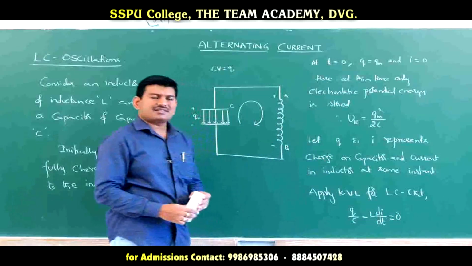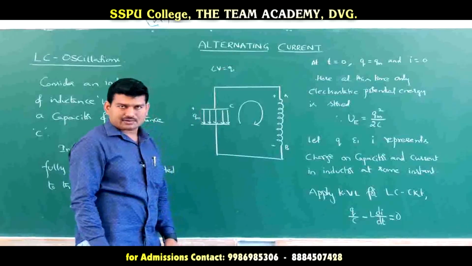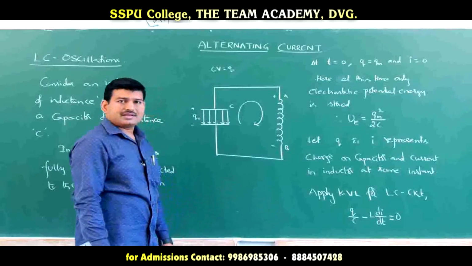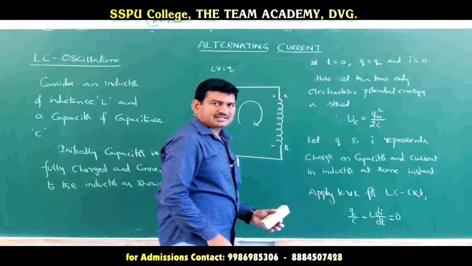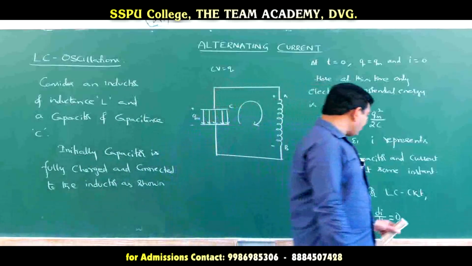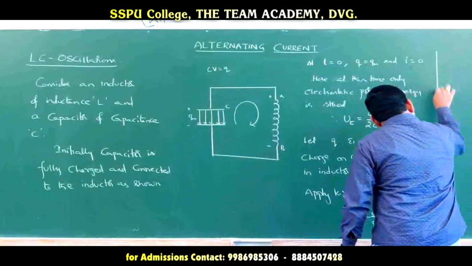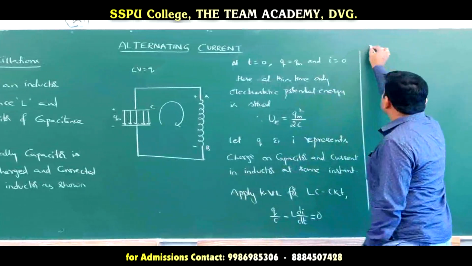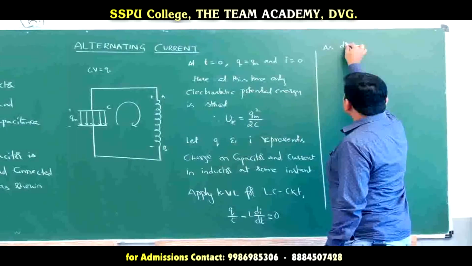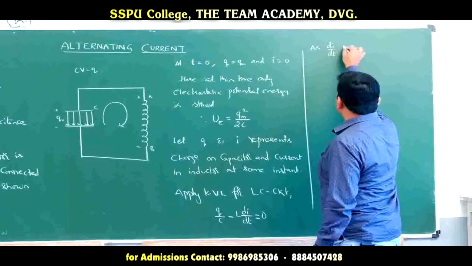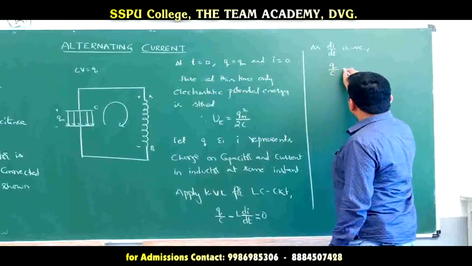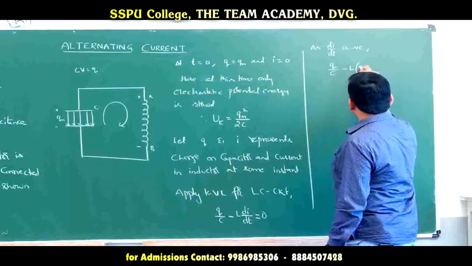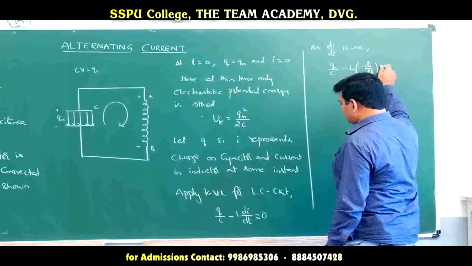But if you see here, this di by dt is positive or negative? This di by dt will be negative, we need to consider, because there is a decrease in the current as the time passes. So as di by dt is negative, Q by C minus of L into minus di by dt is equal to 0.